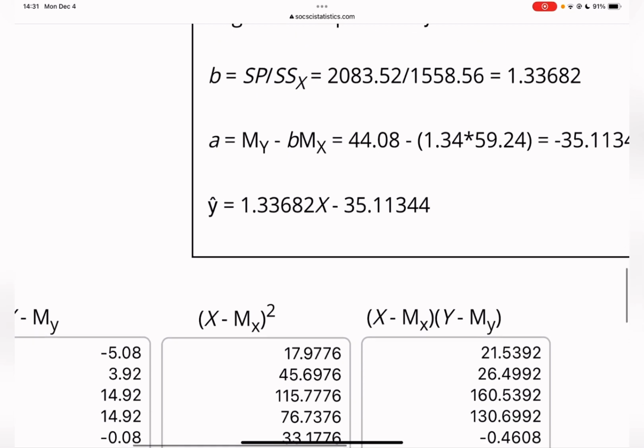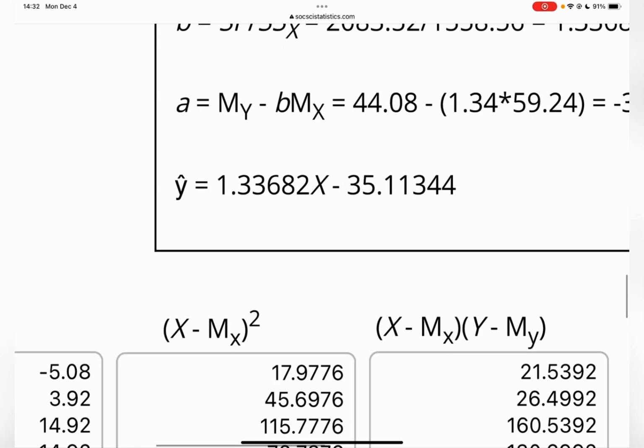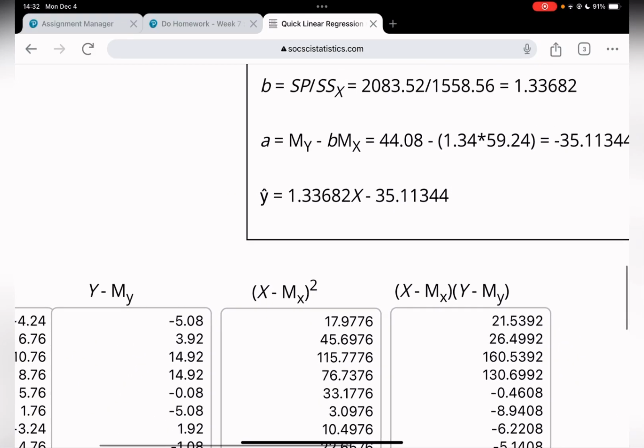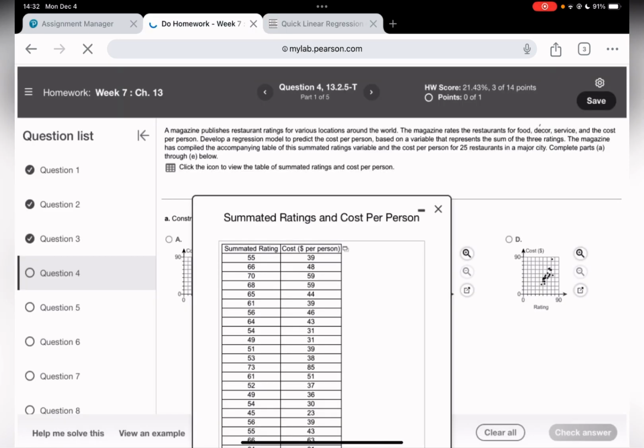Y hat is equal to 1.336. So we see where x is. That means 1.33 is a slope, and negative 35.11344 is your intercept. So negative 35 is going to be b0, and 1.33 whatever is going to be your slope.